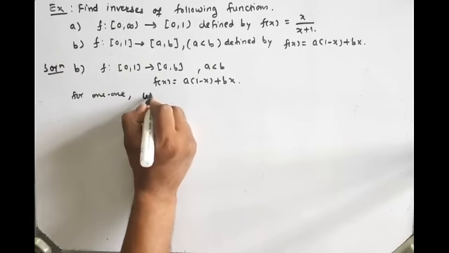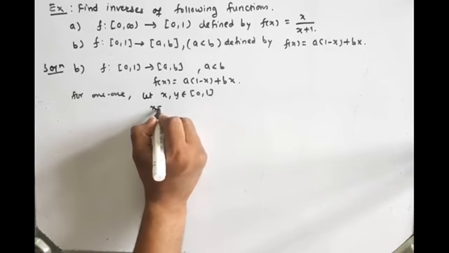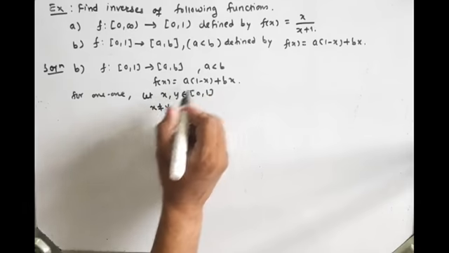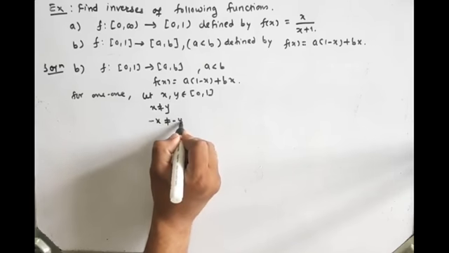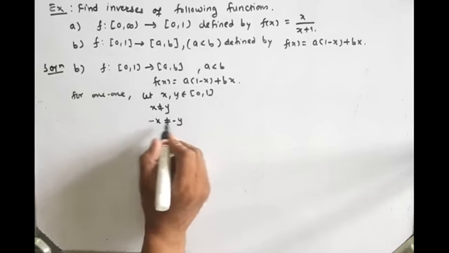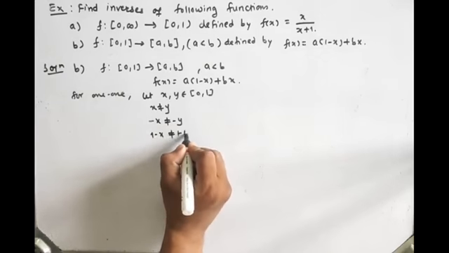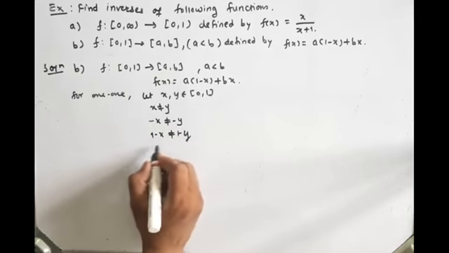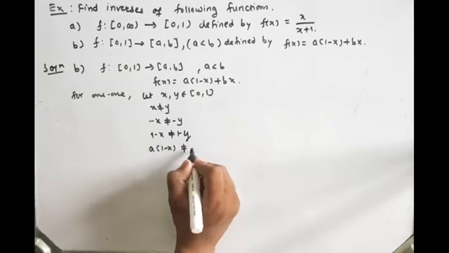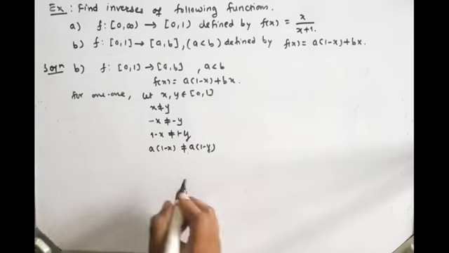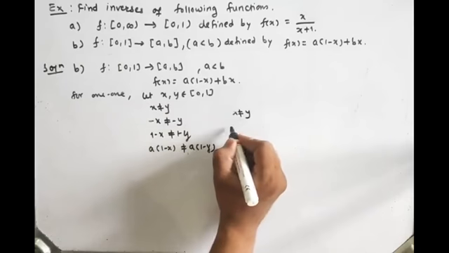So let x, y belong to domain 0 to 1, and if x is not equal to y, then multiply both sides by minus 1. So minus x is not equal to minus y. Add 1 to both sides. So 1 minus x is not equal to 1 minus y. Multiply by a. So a into 1 minus x is not equal to a into 1 minus y. Again, x is not equal to y, so multiply both sides by b.